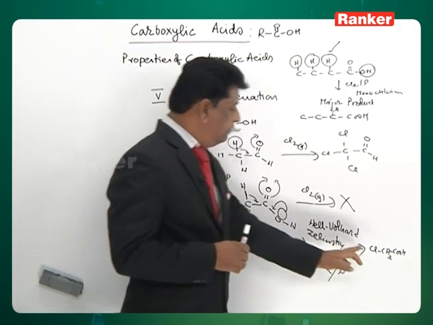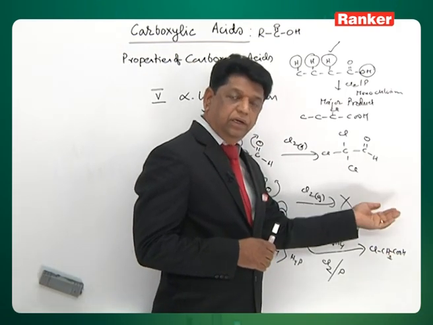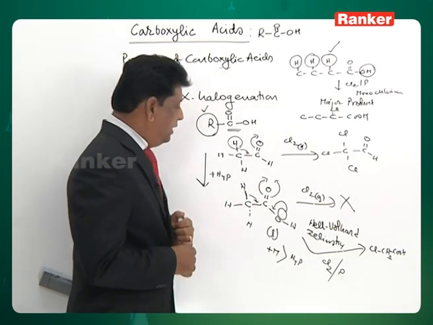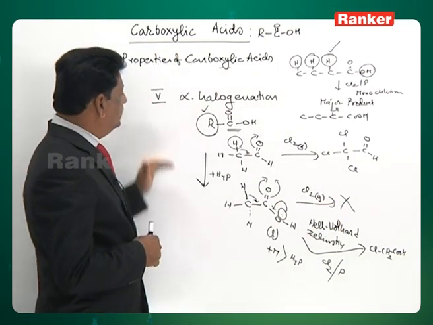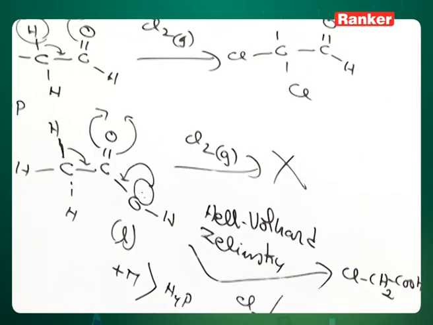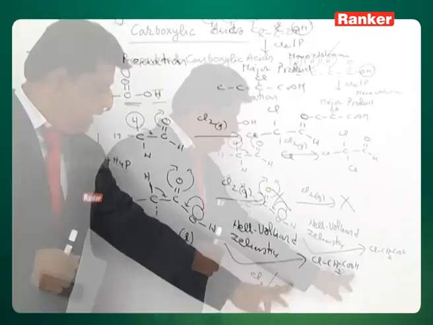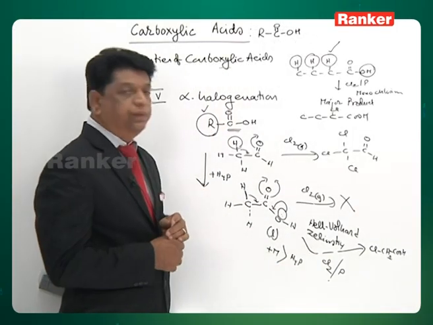This alpha chloroacid will later become alpha amino acid, which creates the protein's history and so on. So this is the last reaction, that carboxylic acids undergo halogenation. Specifically, this particular reaction is known as the HVZ reaction.